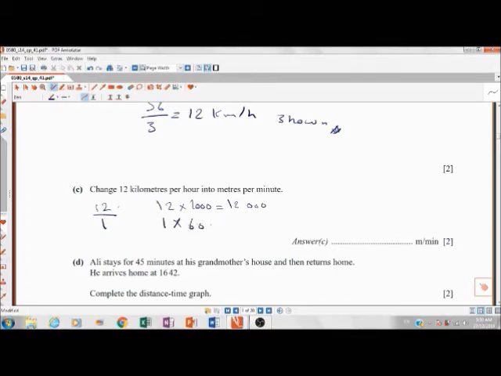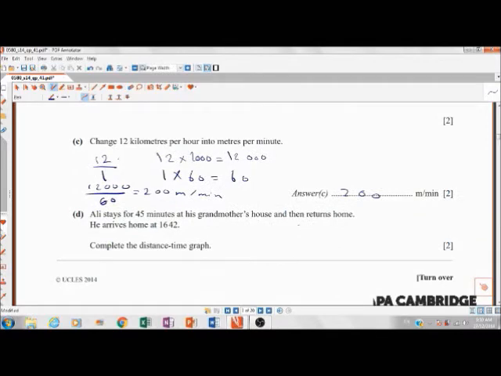And the hours, 1 times 60 to change it to minutes, so it's 60. So 12,000 over 60 equals 200 meters per minute.